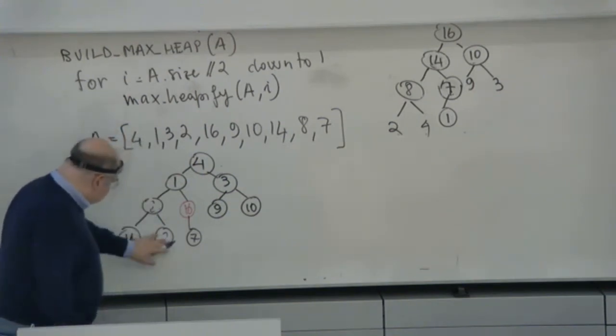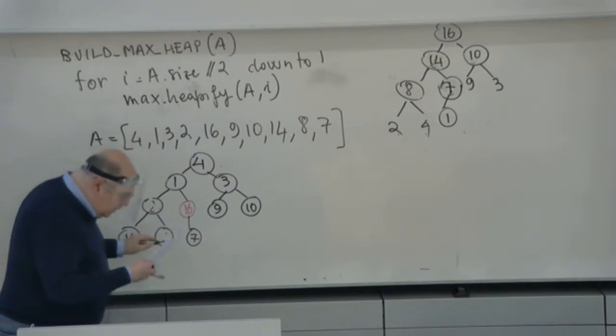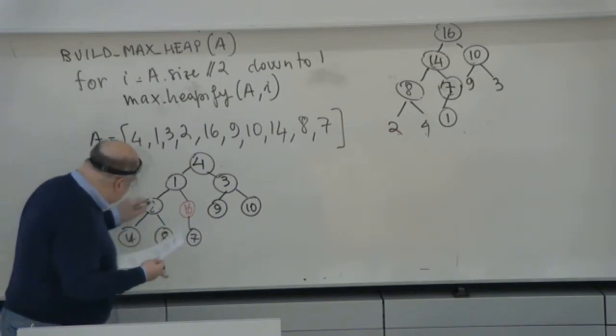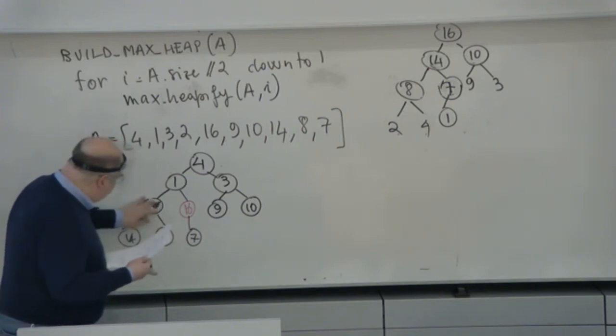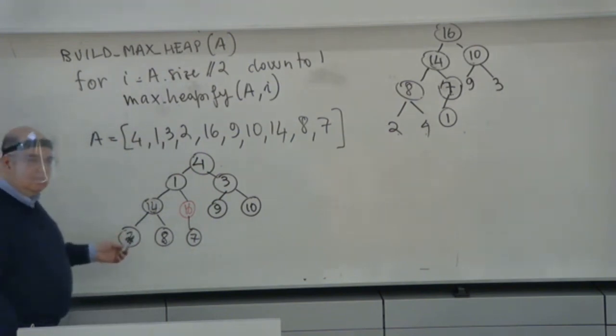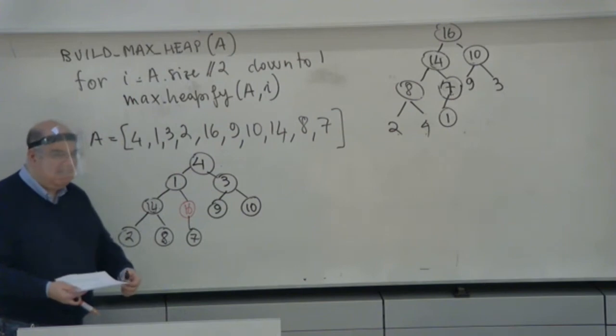This is not 4, it's 14. Sorry. It was 8 and 2. The problem is my bad writing. So it's 8 and 14. So you exchange the 2 with the 14. So you get 14 and 2. Sorry about that.